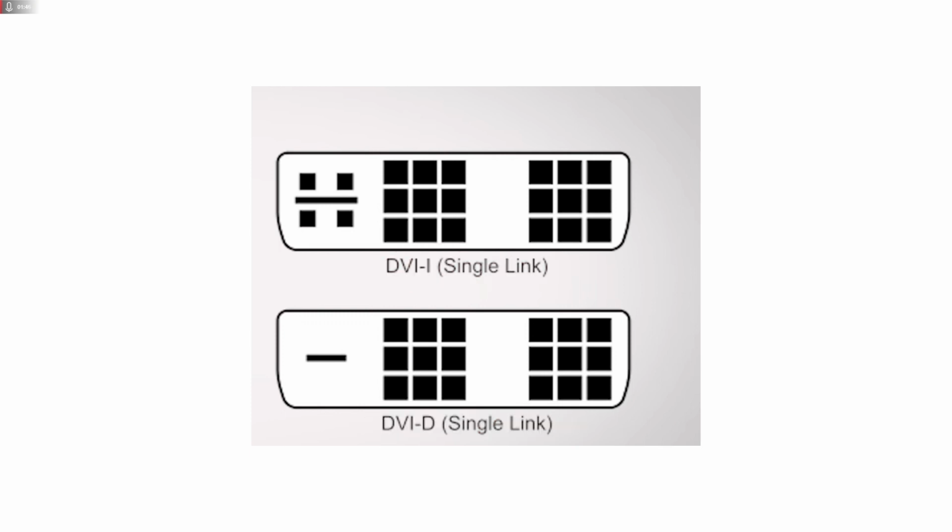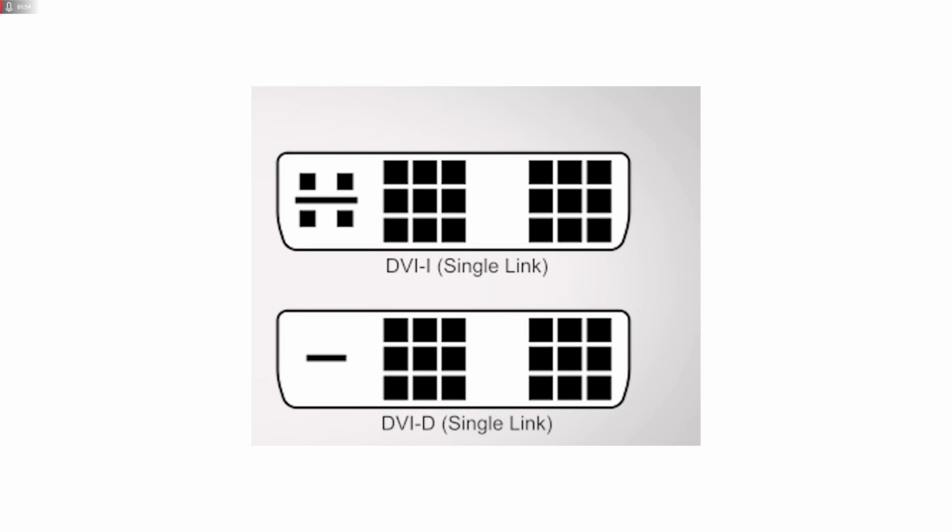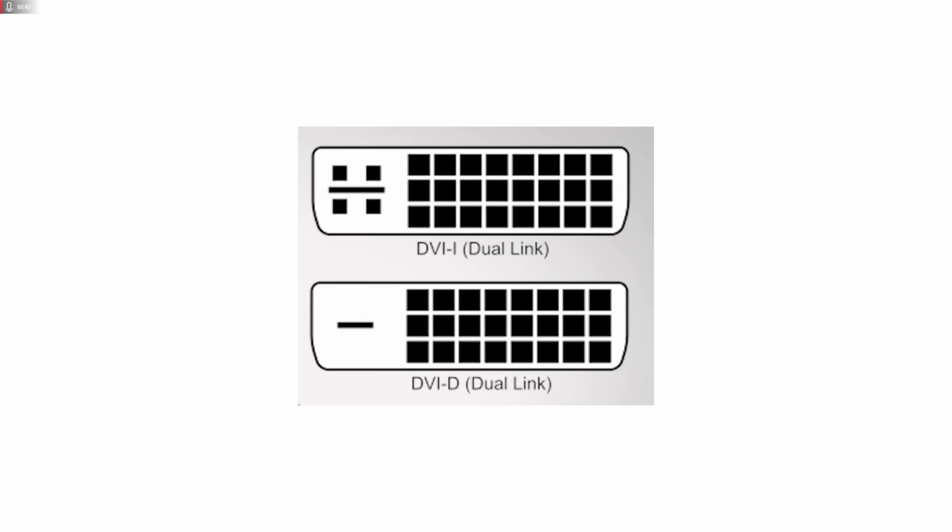DVI-D has only pins for an HDMI compatible digital video signal, but DVI-I adds signal pins for VGA compatible analog signal, meaning with inexpensive passive adapters, it can drive DVI, HDMI or VGA inputs. On top of that, a single link DVI is limited to 1920 x 1200 at 60 Hz. With a dual link connection, it is capable of officially carrying 2560 x 1600 at 60 Hz.